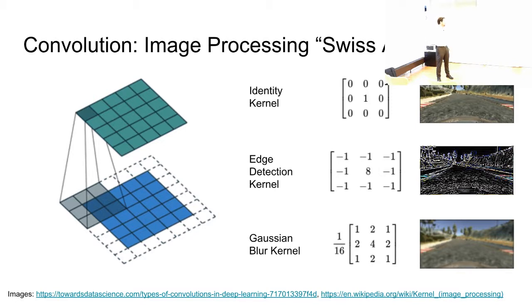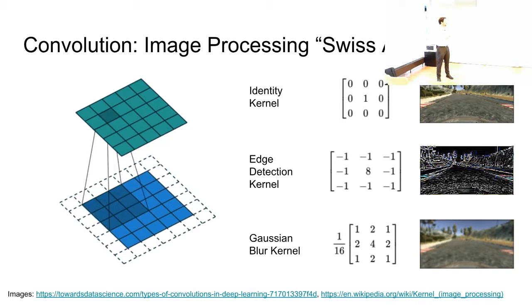So this is going to be 0 times this, 0 times whatever it is, 0 times that, 0 times that, 1 times that. That's exciting. And then zeros for the rest. And then we add all those up, and that's the result. So the identity kernel is a really boring kernel, because all it does is basically just copy this pixel from input to the output. Once we've done that, we start sliding the kernel along the image, and we just repeat that process.